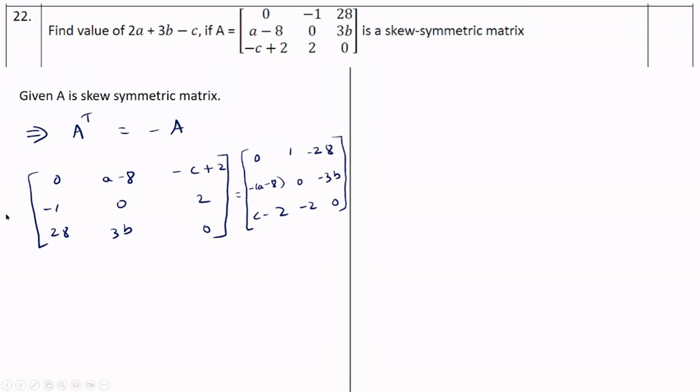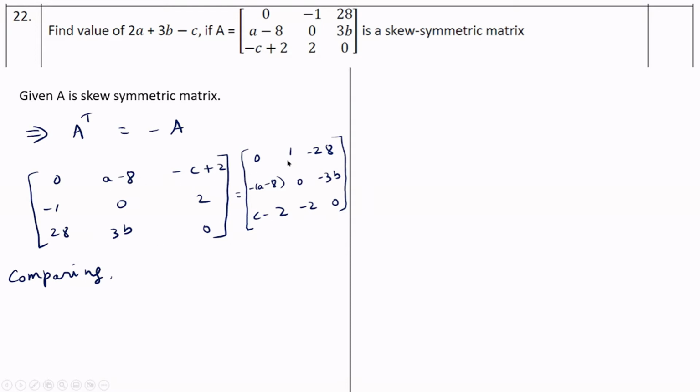And now we can compare each and every element in these two matrices. So comparing, here a minus 8 is equal to 1. Every element in this matrix is equal to the corresponding element in this matrix. Only then we call the two matrices equal.